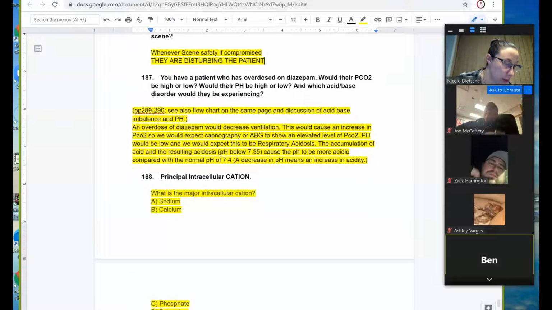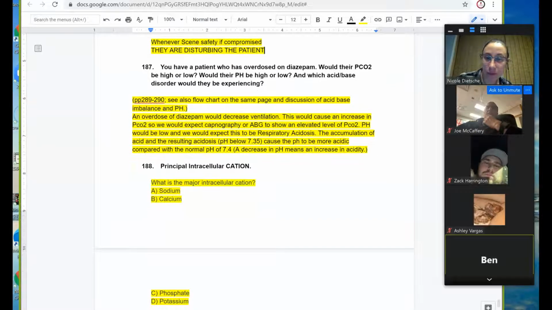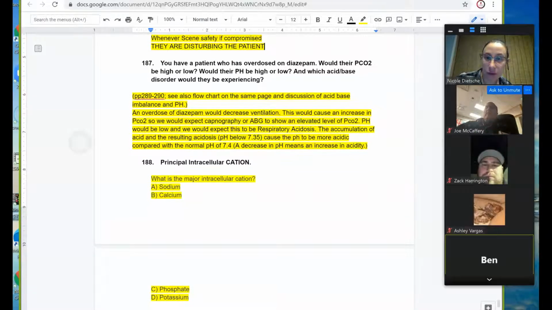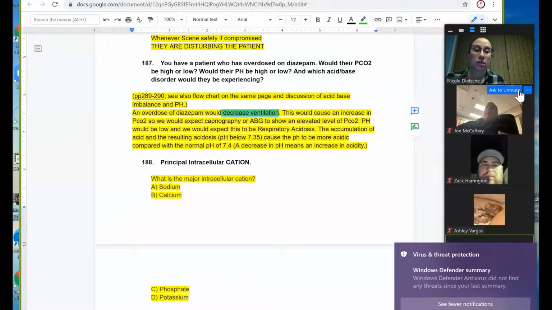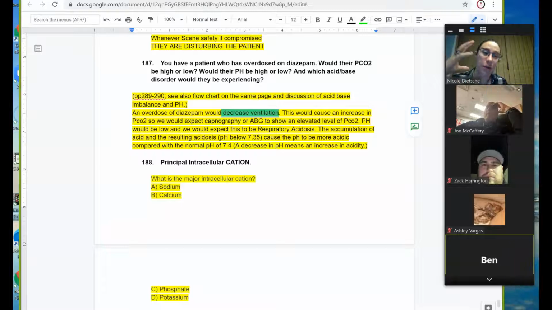Okay. Emphasis on this. That's your key. So if you have a patient who took too much diazepam, they're going to be too relaxed, they're not going to be breathing enough.